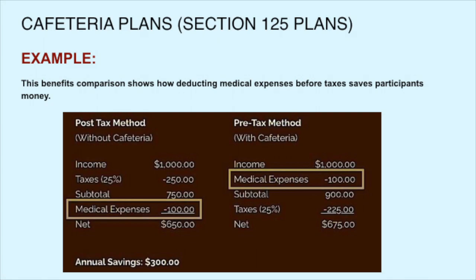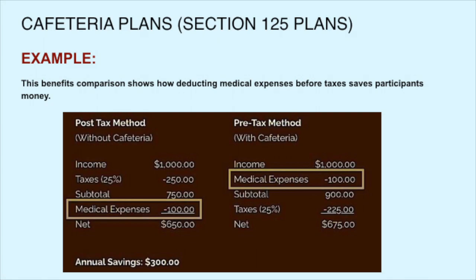Now on the right-hand side, the employee is offered health insurance through the cafeteria plan, and that's why he is allowed to contribute towards it with pre-tax dollars. The medical expenses are being deducted from the gross income before the taxes are calculated. So he has a gross income of $1,000, the medical expenses come out, and the adjusted income is $900.